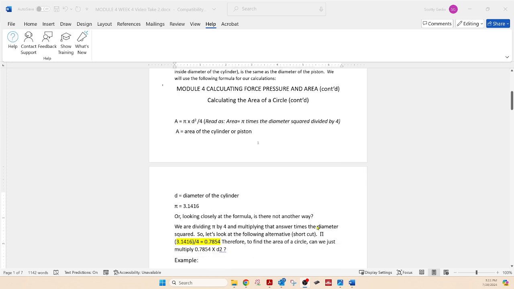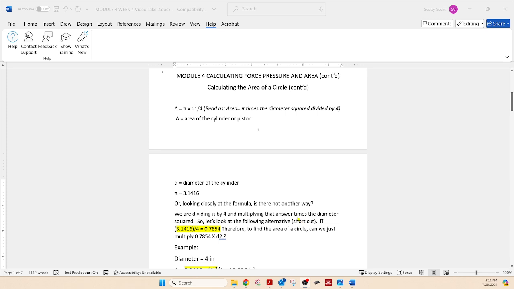But if we look a little closer at the formula, is there not another way? Look at what we're doing. We're multiplying by pi first, and then we're dividing that by 4.